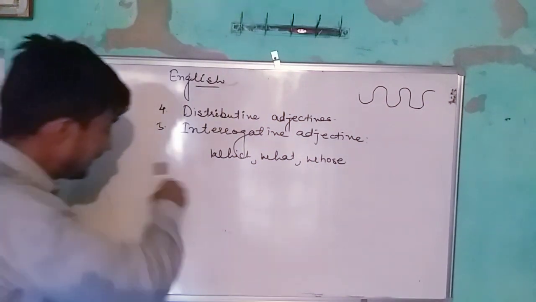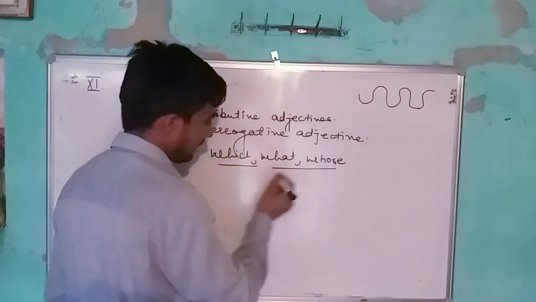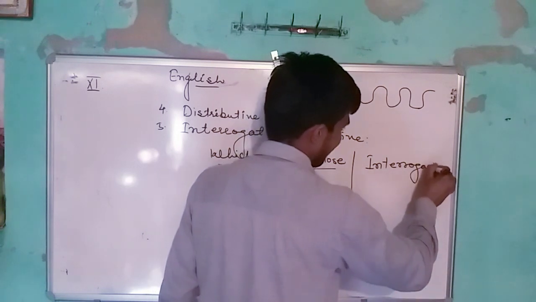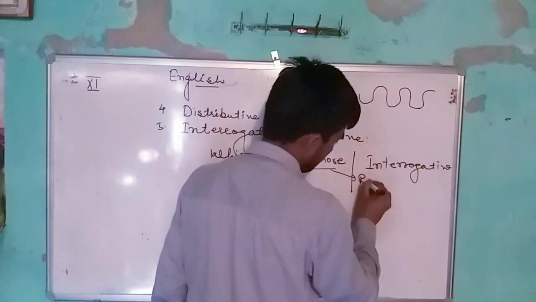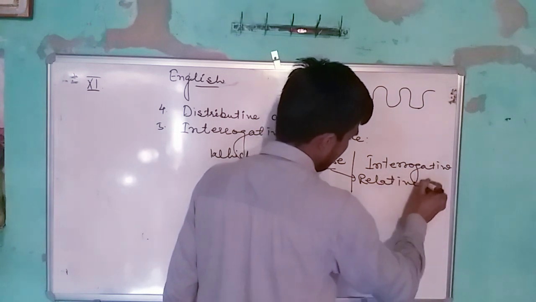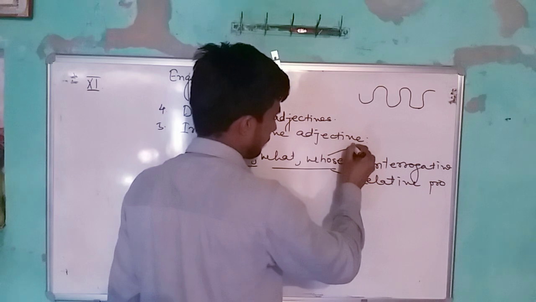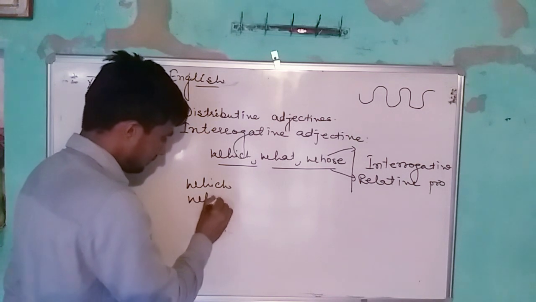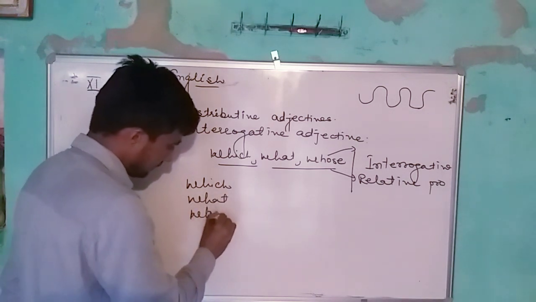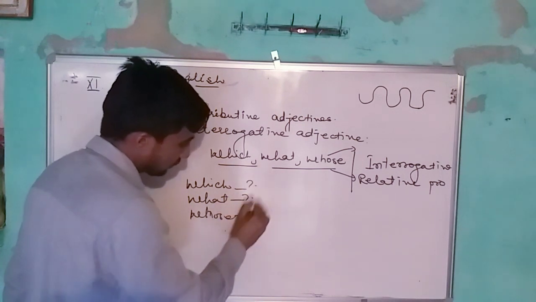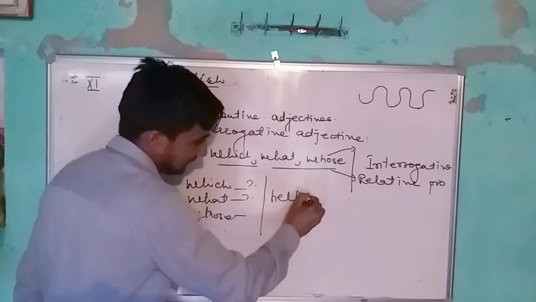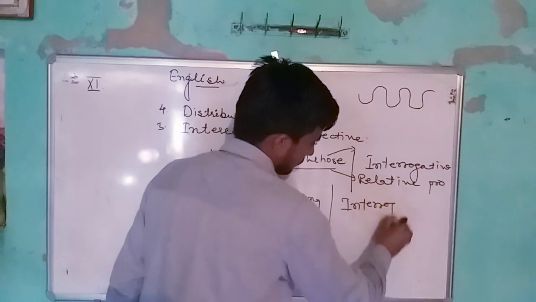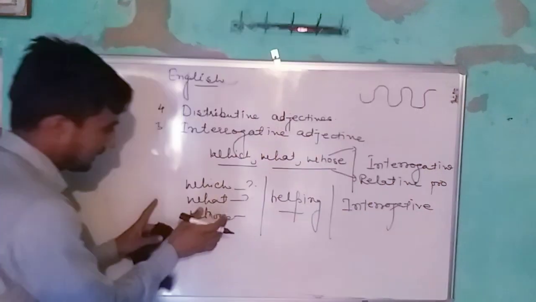These three words are also pronouns: interrogative pronouns and relative pronouns. As interrogative pronouns, after which, what, and whose there are helping verbs.